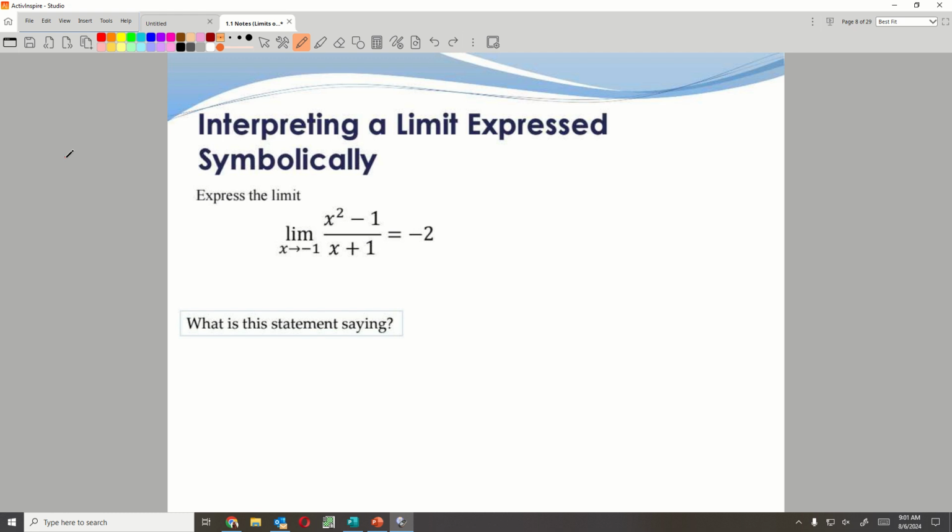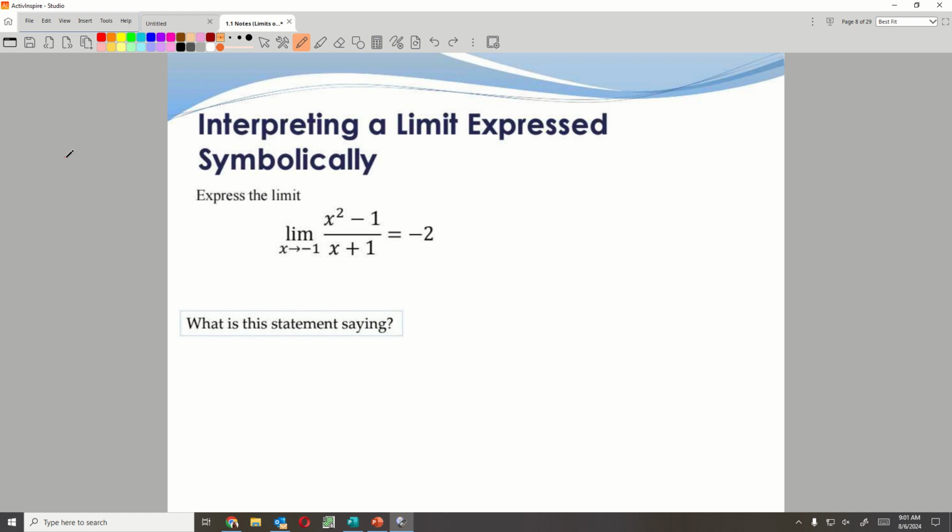Now, I am going to write on the board for those people watching at home. It's not going to work out because my smart board's not working. So, can I factor the top? Yeah. What does that factor to be? x plus 1 and x minus 1. Very good. And it's divided by x plus 1. What happens because of this? The x plus 1 cancels out, right?